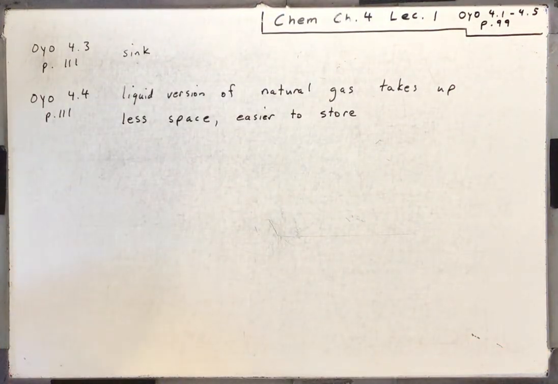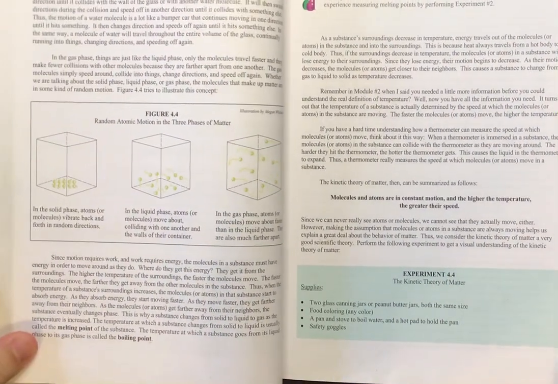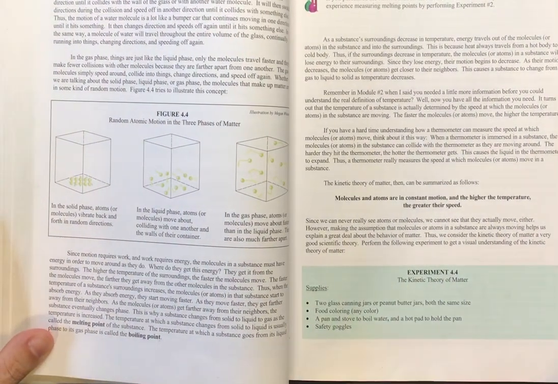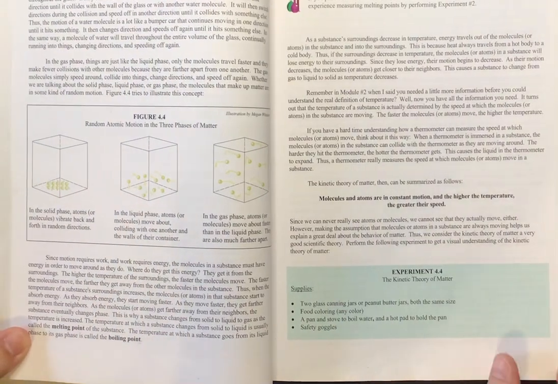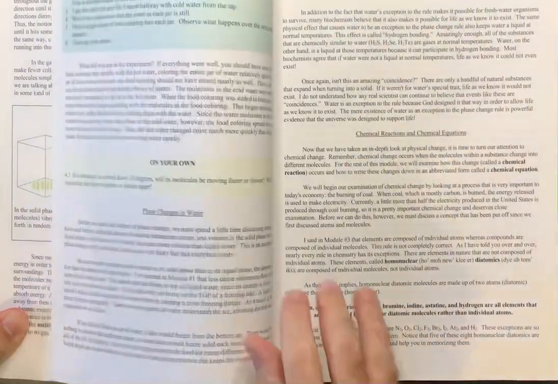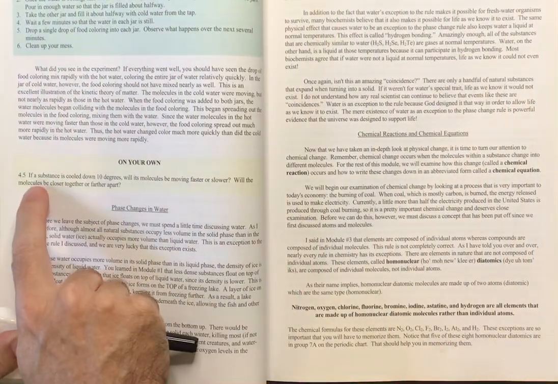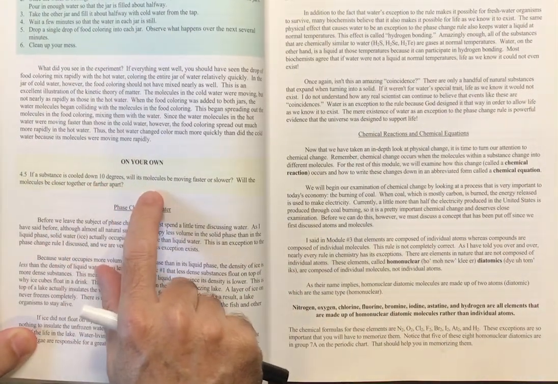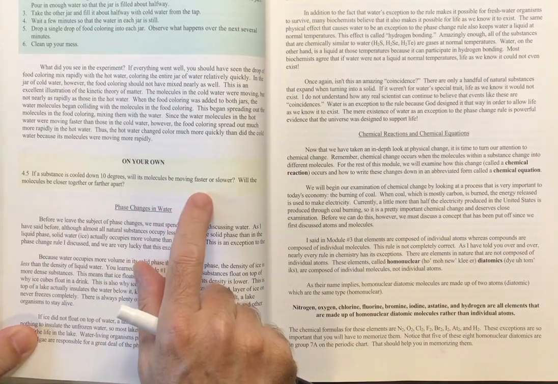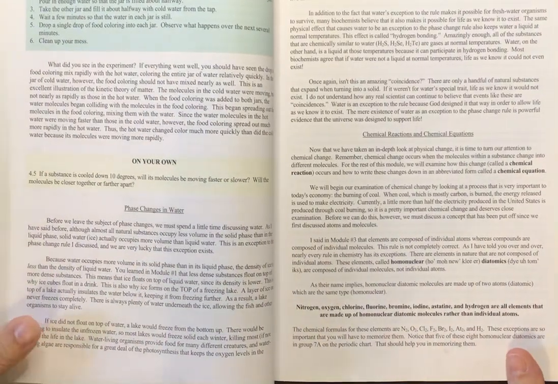So let's look at, on your own, it's important to read the chapter here at the beginning of chapter 4 because we're not really doing a bunch of math. So make sure you look at figure 4.4 about the three phases of matter. So 4.5 says if a substance is cooled down 10 degrees, will its molecules be moving faster or slower, and will they be closer or farther apart?